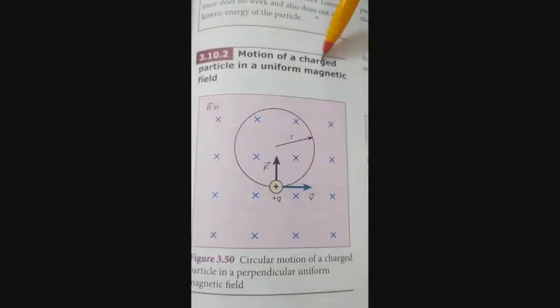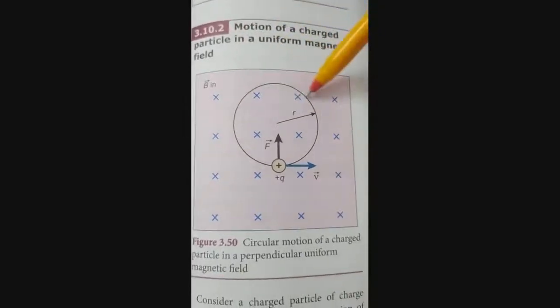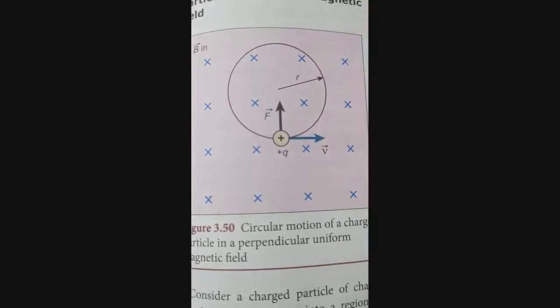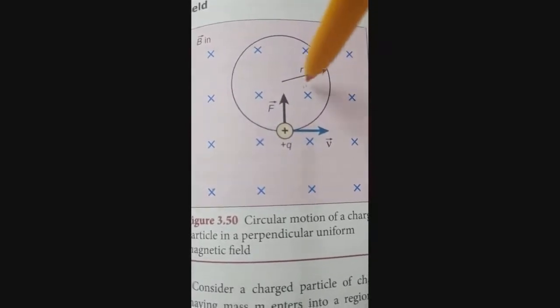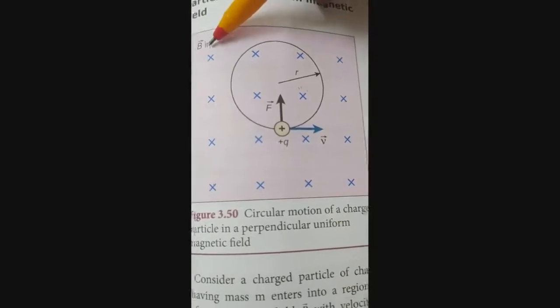Next, motion of a charged particle in a uniform magnetic field, and here these are crosses. These crosses represent that a magnetic field is acting in this direction, it is moving inwards to the paper, so that is denoted here B vector inwards.